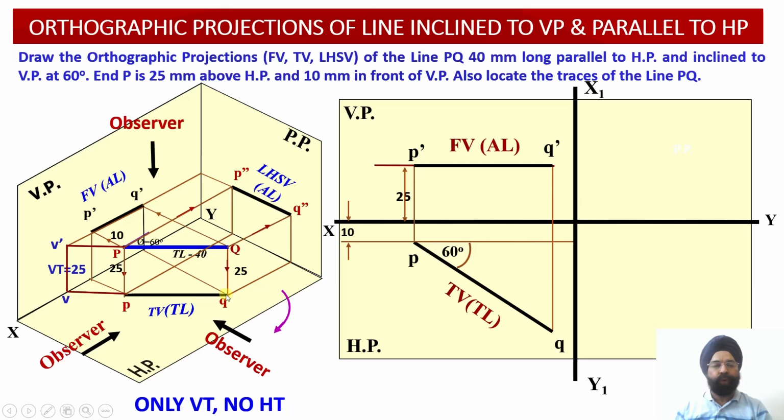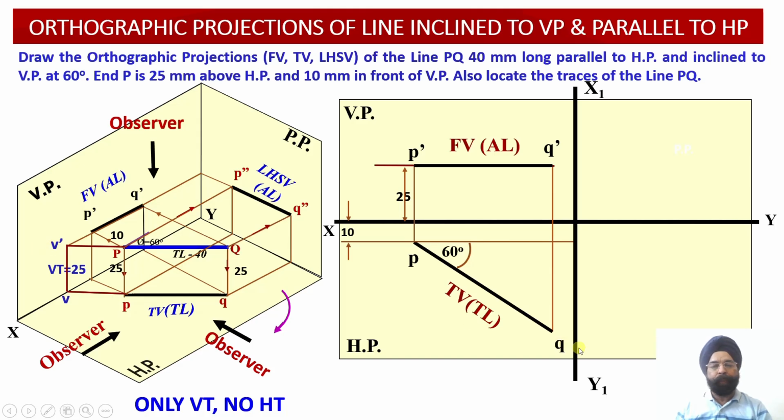So what we are going to do is extend this orthographic projection of the line in the plan till it intersects with the XY reference line. This will provide us with the location of the point V. From point V, we will take a vertical projector line upwards such that it intersects with the front view projection line or its extension at point V dash.